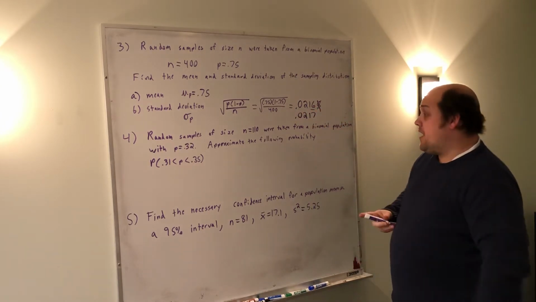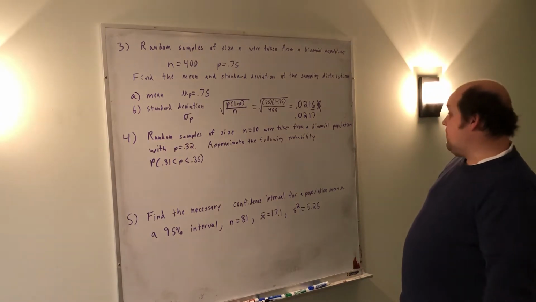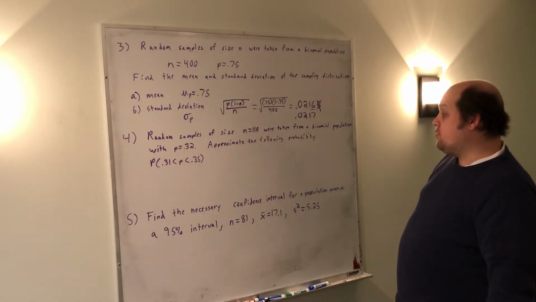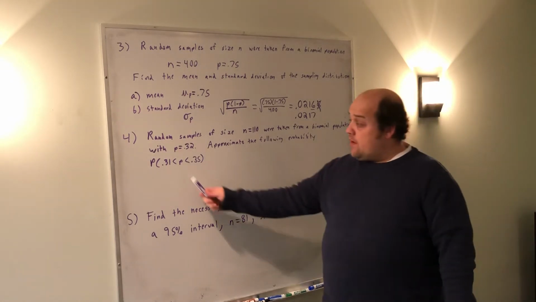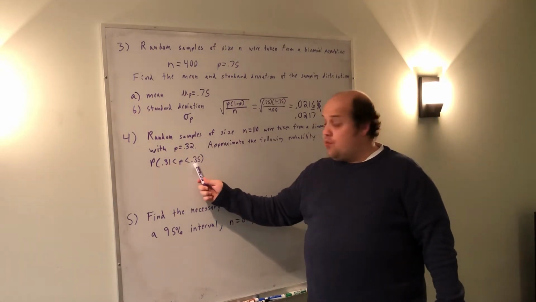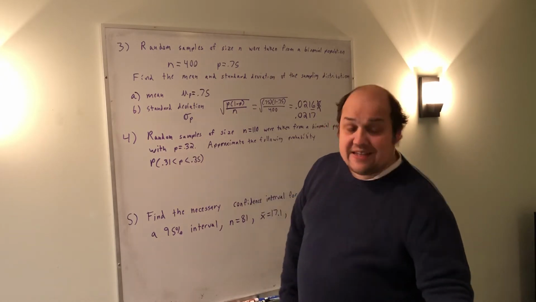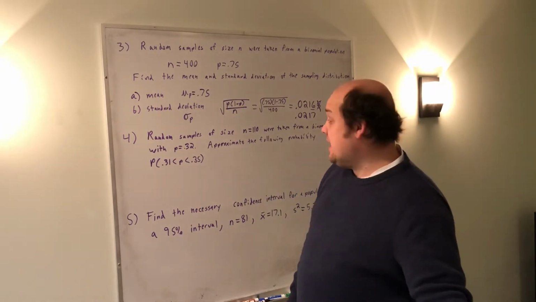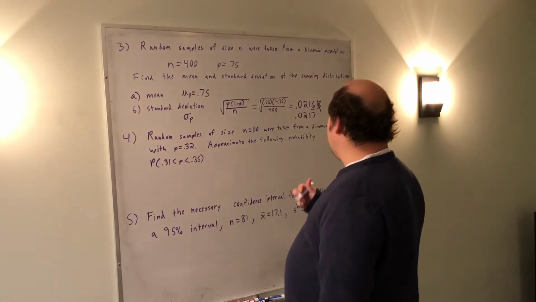Number 4 says random samples of size 110 were taken from a binomial population with p equals 0.32. Approximate the following probability. If I want to be between 0.31 and 0.35, I'm going to need to find z-scores for each and then take larger p-value minus smaller p-value.